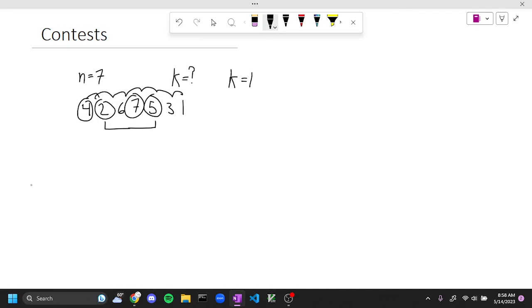Then we know that 7 goes here. So 4's distance from 7 is going to be 3. 2's distance from itself is going to be 0. 6's distance from 6 is going to be 1, 2, 3.